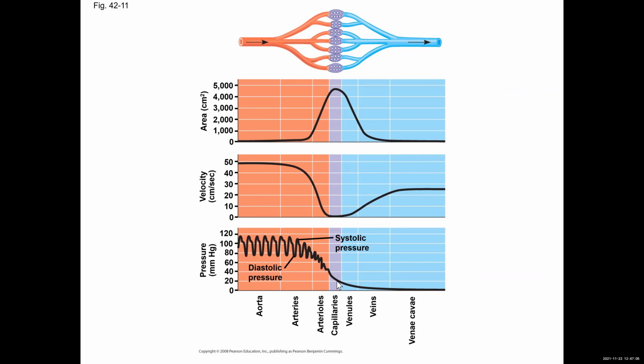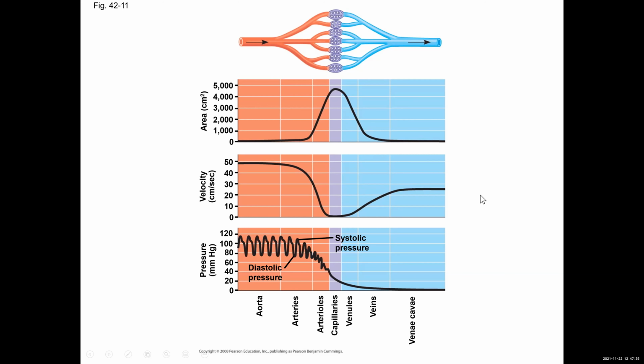But as we keep going through the circulatory system, it's just going to continue losing that pressure, ultimately getting lower and lower as it goes through and comes back to the heart. It's still flowing, it still has velocity, but the pressure is very low, right? You don't want to try taking somebody's blood pressure in their vein. That's not very helpful. All right.